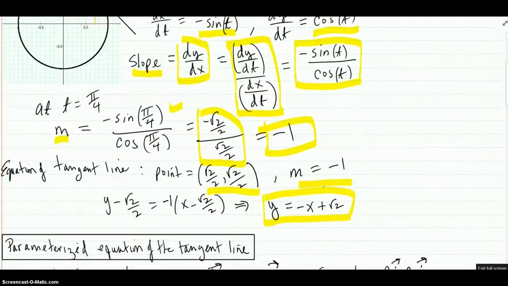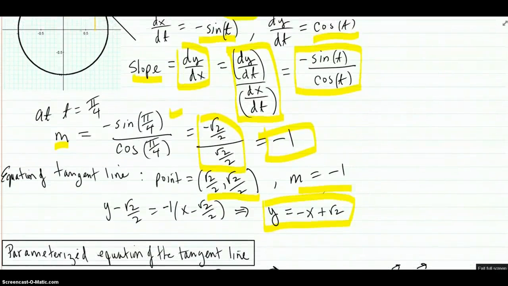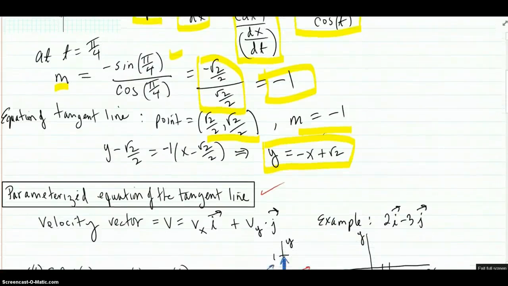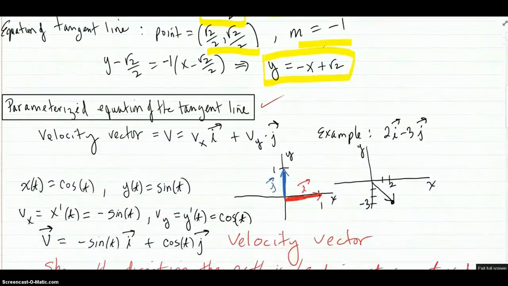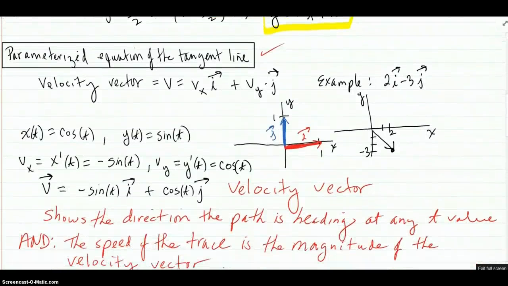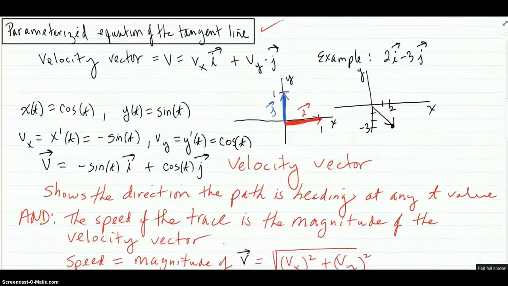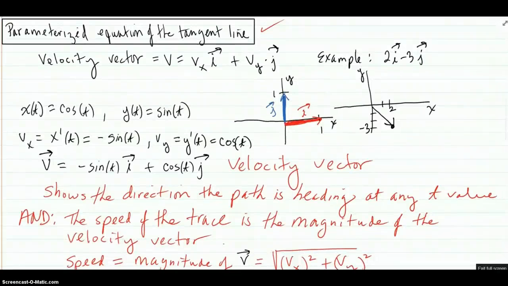Okay, now we're going to find how to do the parameterization equations for the tangent line. So that's a different process. First, to do that, we have to find out something about the velocity vector and something about what a vector is.